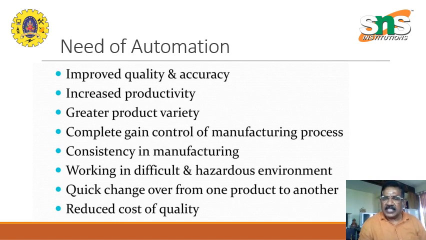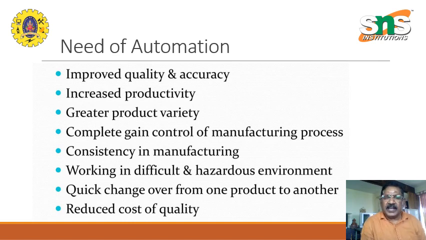There is increased productivity. Productivity is the number of components made for the same effort. Greater product variety also could be done. On one side you have productivity and you go for automation, on the other side you want product variety, multiple different products you want to make. The agility for you to make product variety is what is being appreciated here.